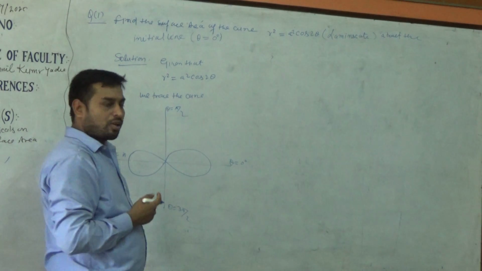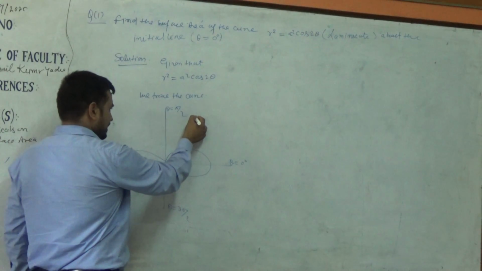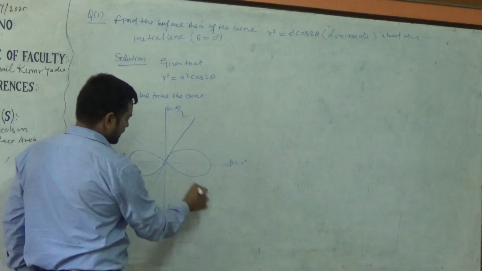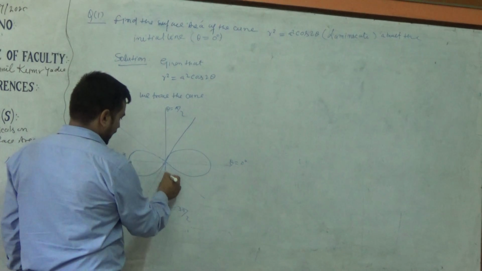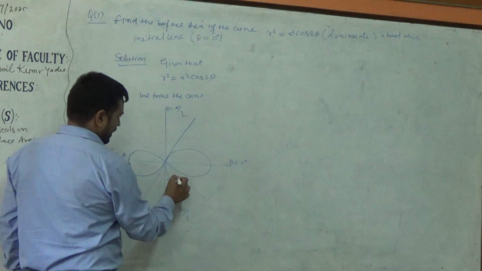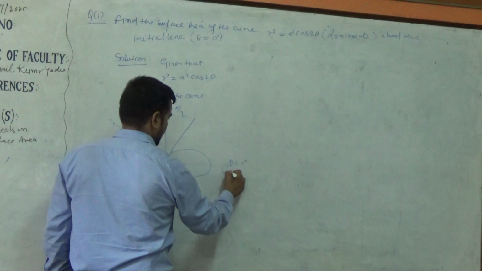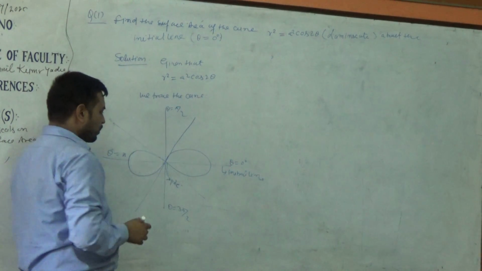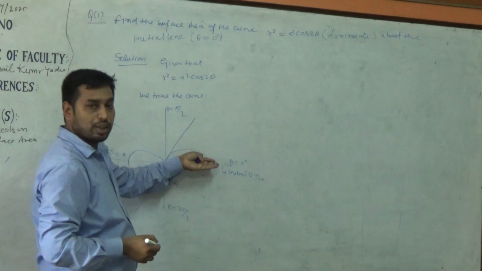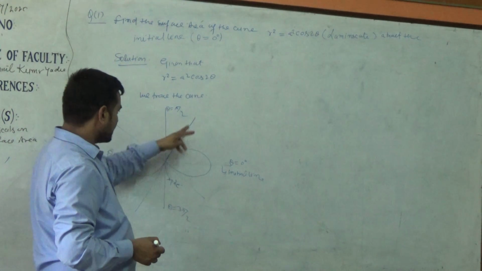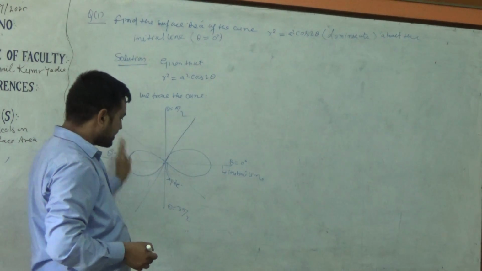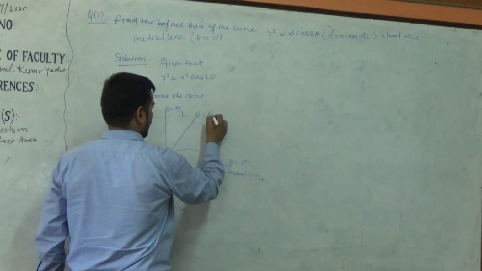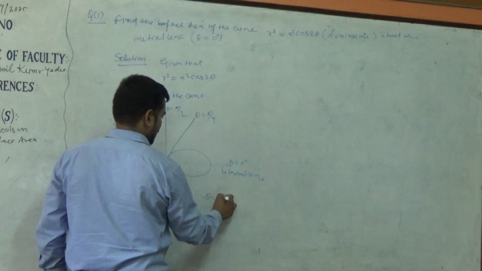The property of this curve is that it has tangents at the pole. This is the pole, and that is the initial line. The curve is symmetrical about the initial line, and the tangent lines at the pole are theta equal to pi by 4 and theta equal to minus pi by 4.